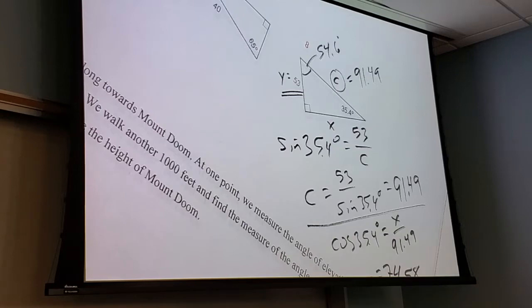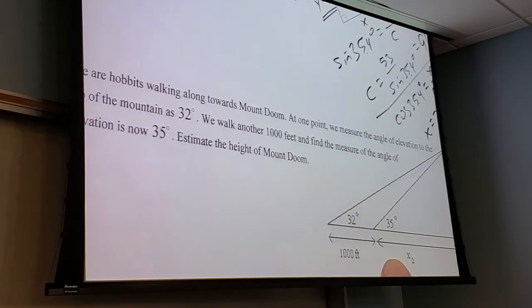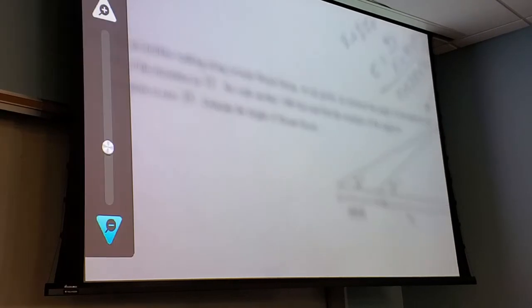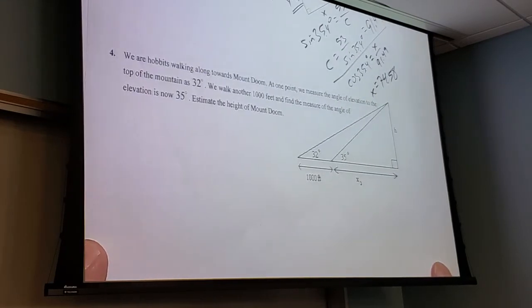Okay. All right. So let's look at this one. It doesn't have to be hobbits. If you hate Lord of the Rings, you can replace that with whatever you like. It just doesn't matter.